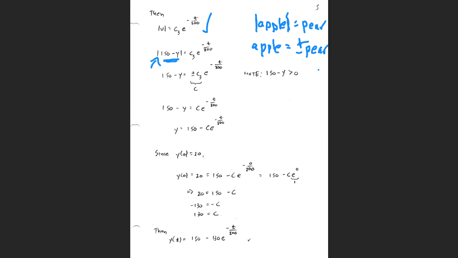We don't want these absolute values to be here. We'll remove them, so we get 150 minus y, but that means we introduce a plus or minus over here. The plus or minus C3 times e to the negative t over 200 can be thought of as plus or minus C3 times e to the negative t over 200 power. And we can replace the plus or minus C3 with C, which is what I do here.